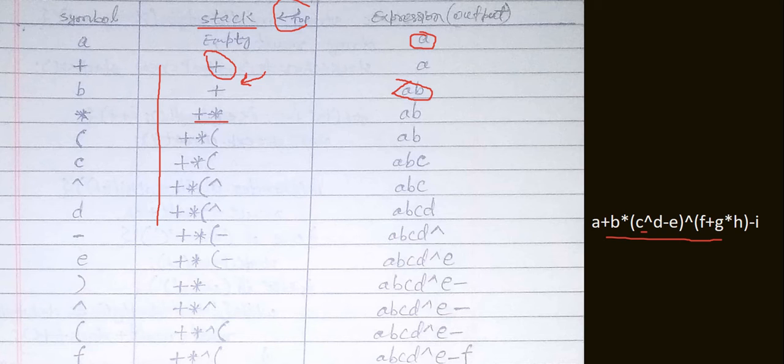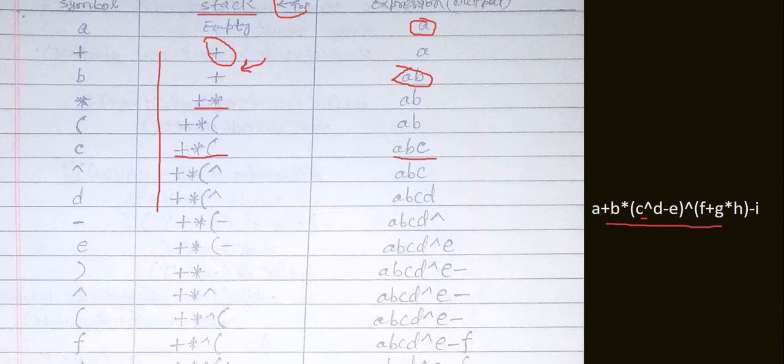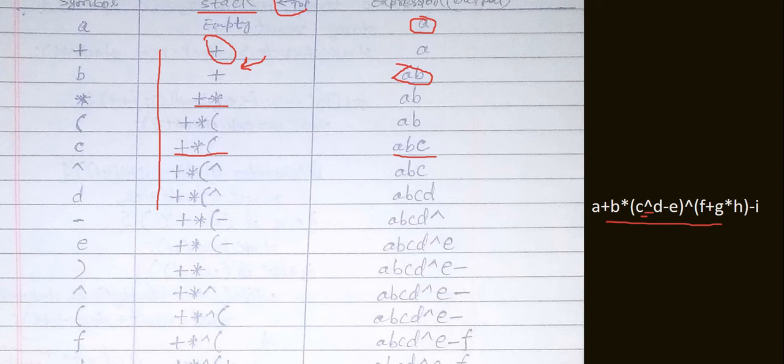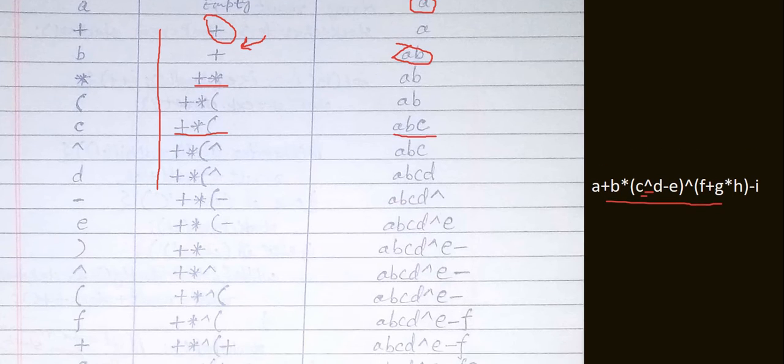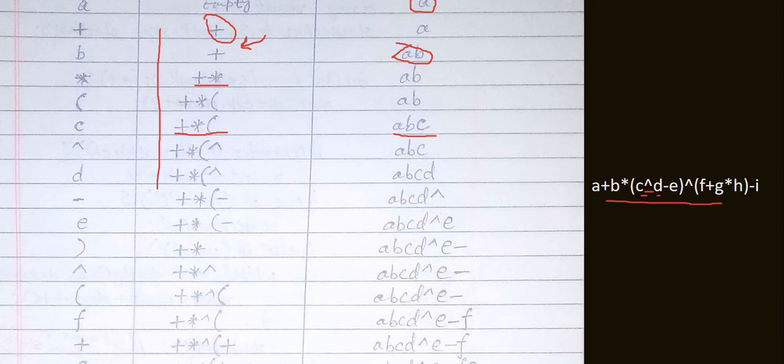Again c is an operand, so a b c, and the stack is the same as previous. Now the next is the exponent operator, and we push it into the stack. Now here is d, and we concatenate it with the output expression.